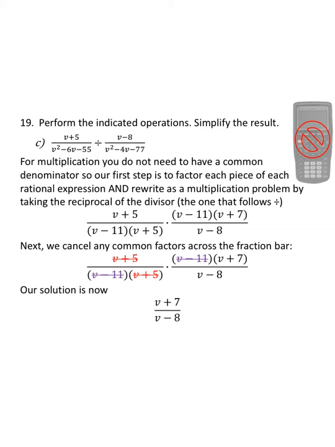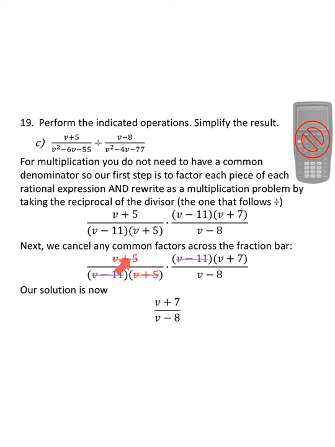Now, the cool thing about multiplication and division is we never actually multiply or divide. We're going to cancel common factors across the fraction bar. Here I see a v plus 5 in my numerator, a v plus 5 in the denominator. I'm going to cancel it. In the second rational expression, the v minus 11, there's a v minus 11 in this denominator. As long as I'm across the fraction bar, no matter which piece it's from, cancel a numerator with a denominator factor, it's all good.